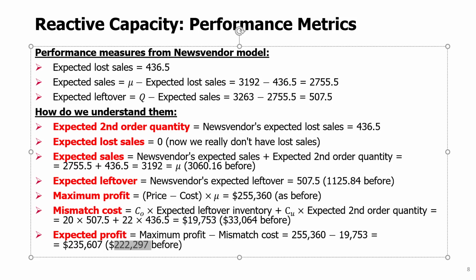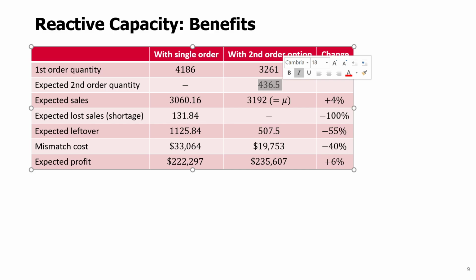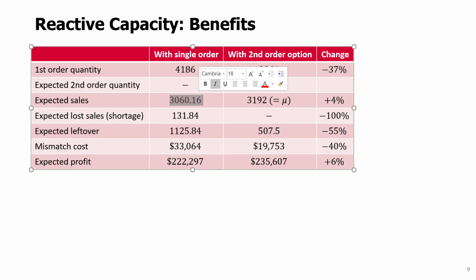So to summarize, when we had just one order opportunity, we decided to order 4,186. And if we have two order opportunities, the first order is smaller, roughly 900 units smaller, and then the expected value for the second order is around 436.5, right? Expected sales are improving now.